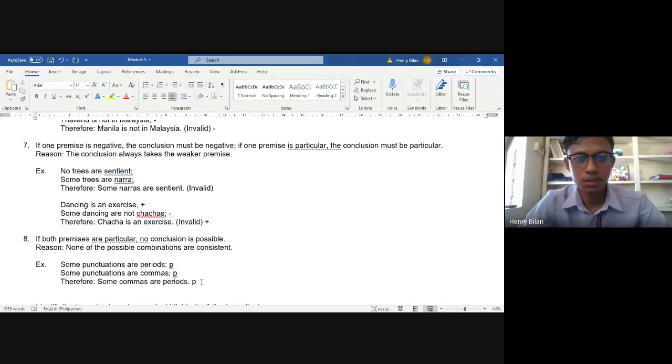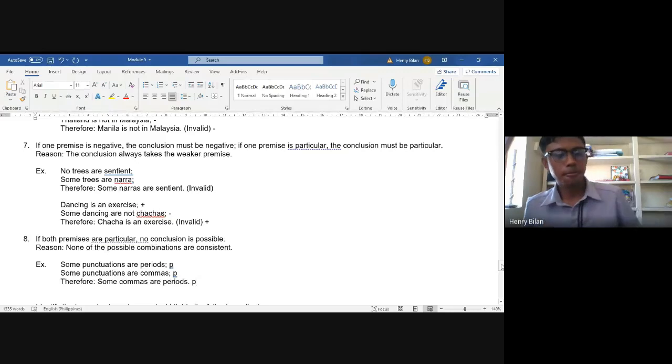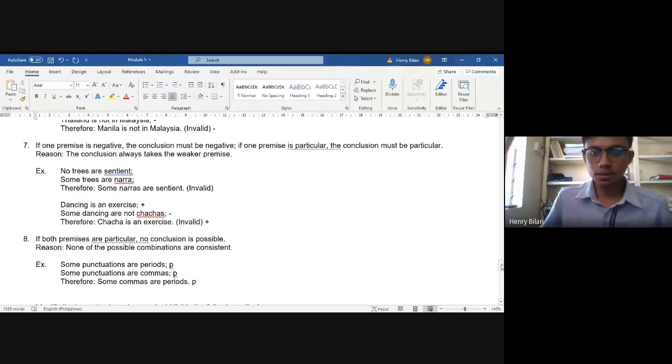It can never be both particular. Automatic na negative, invalid kapag ganyan na. So these are the 8 rules to have a valid syllogism. So a violation of any one of these rules would make a syllogism invalid.